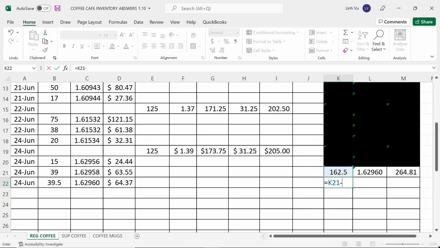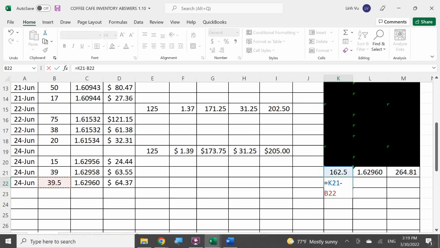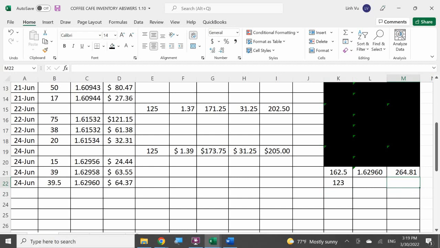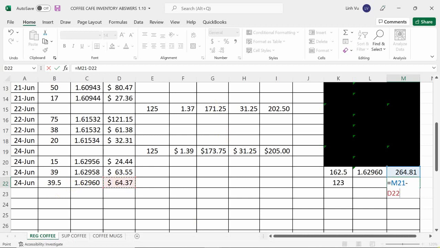So let's update our inventory here, right? We sold 39 and a half, so we should be down to 123. So what should be my ending total cost here? $244, which should give me a new cost per item to be $1.629591.